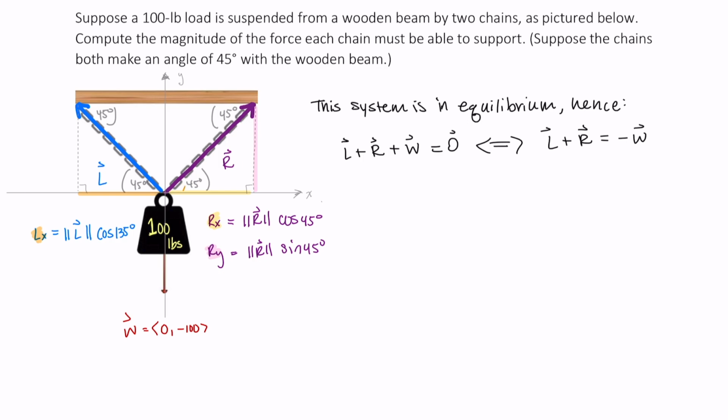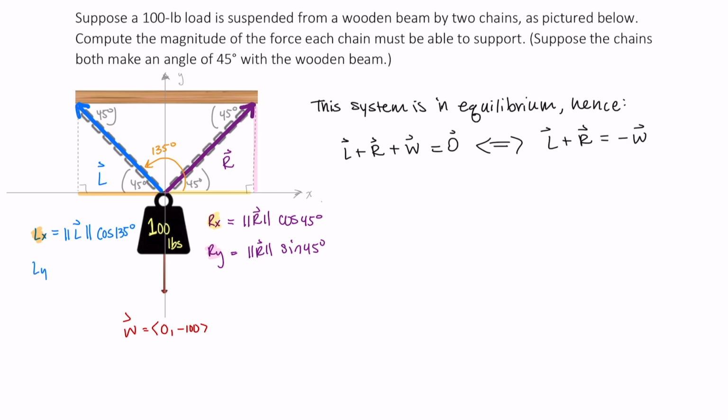And to make that really clear, I'll go ahead and sketch this in. This is 135 degrees. Now, of course, you could have used 45 degrees. You would have just had to have noted that we are in quadrant 2, so all the x components are negative. So alternatively, you could have written that this equals negative the magnitude of L times cosine of 45 degrees. And I'll write that down below.